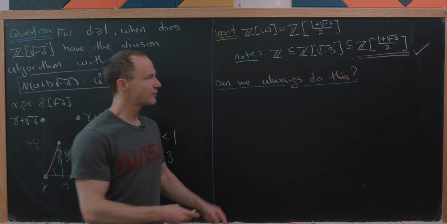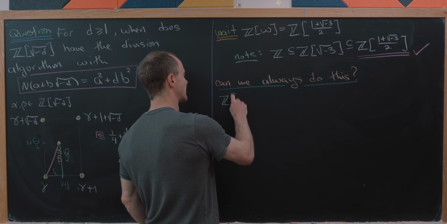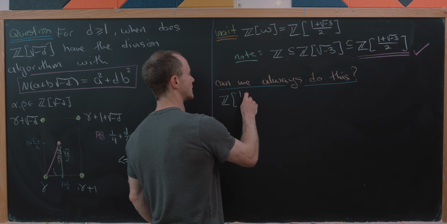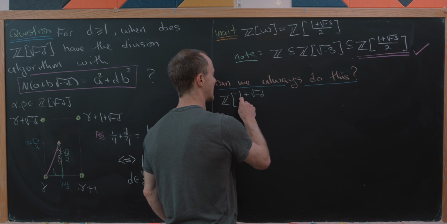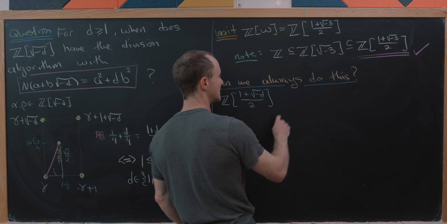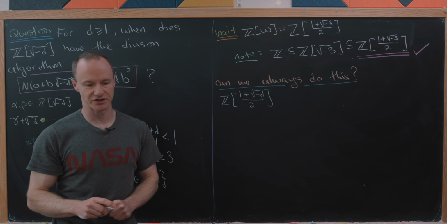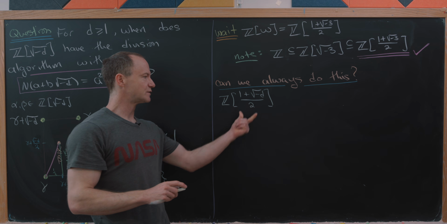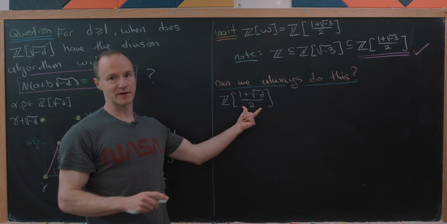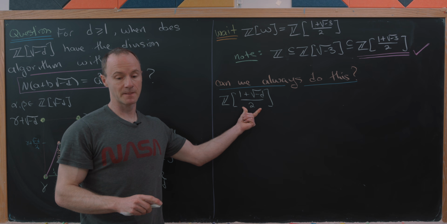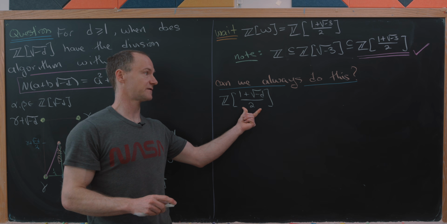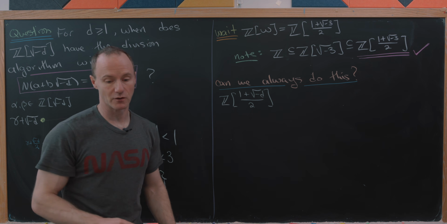And so if we have a ring of the form Z adjoin (1 plus the square root of minus d) over 2, then it's going to be closed under addition and multiplication. And so that means we should be able to take this element that we're extending it by, multiply it to itself, and land back in the ring.